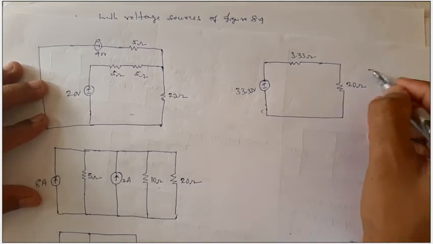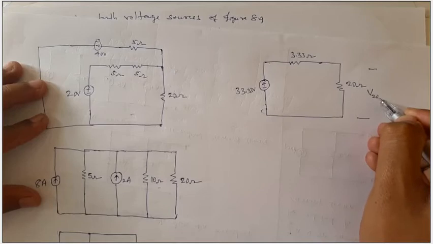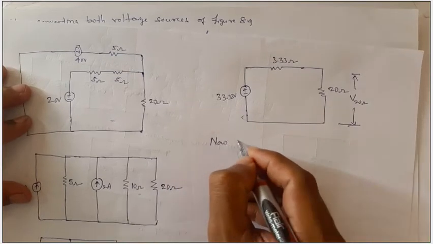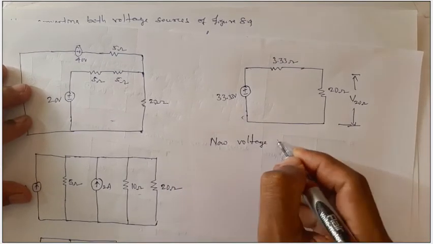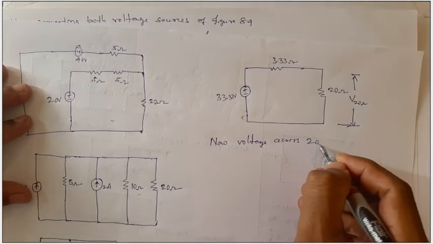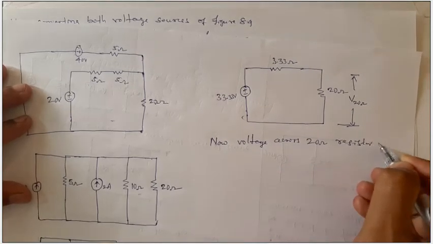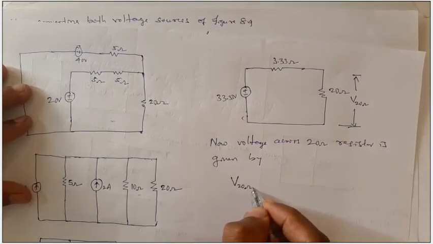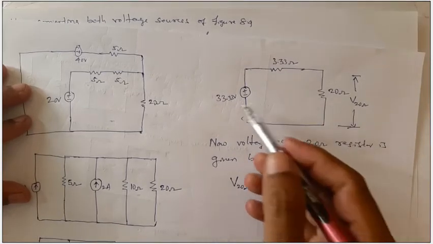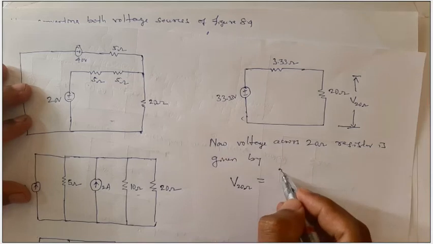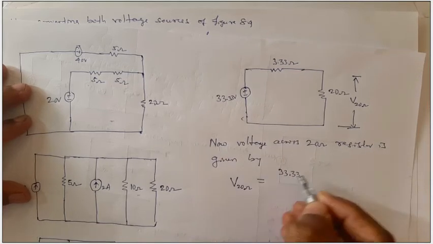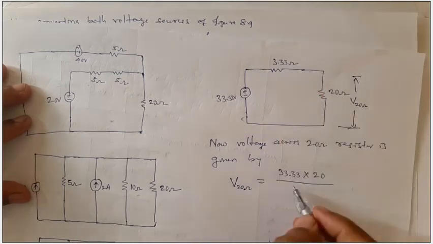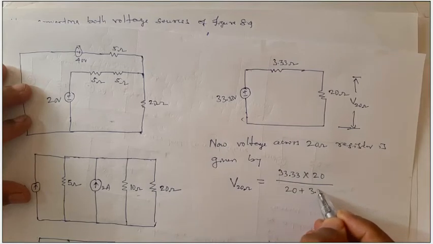Let me call the voltage across this 20 ohm resistor V20 ohm. Now the voltage across the 20 ohm resistor can be found, dear students, using the voltage division rule. The main voltage is 33.33 volts, into the resistance of the branch, that is 20 ohm, divided by the sum of the resistors, 20 plus 3.33 ohm.